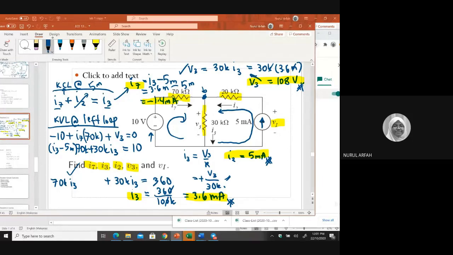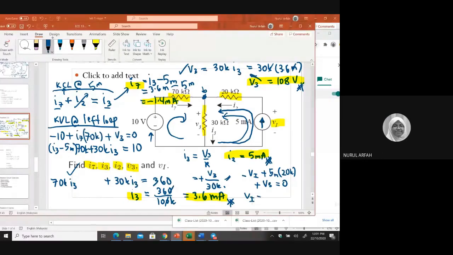VI, if you follow this direction, you have a negative VI, and then plus what? 5 milli into 20 kilo, and then plus V3 equal to 0. Do you agree with this? Yes.